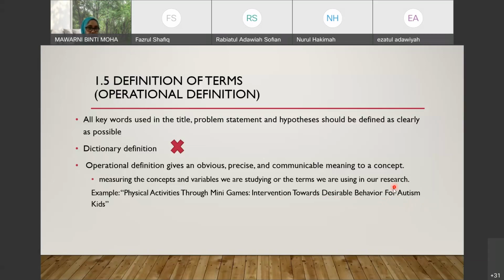Desirable behavior. Yes, definitely desirable behaviors. Yes, Nur Hakimah, physical activities you must define. Mini games, yes. Autism, very, very important. Thank you, Nur Hakimah. Yes, Bashira, autism kids.